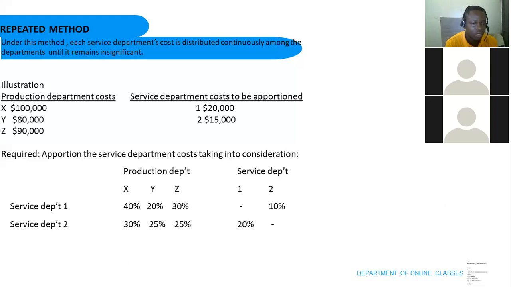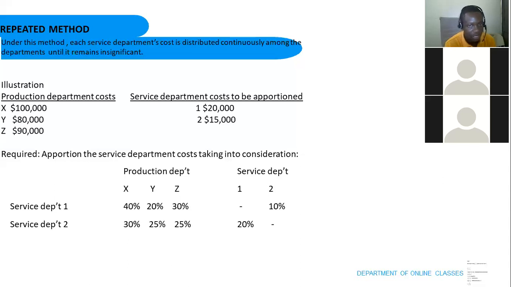Let's assume we have service department 1 and 2. Okay, service department 1 has to do with providing us with food. That's they render us with canteen services. Okay, and we may also have another service department which may have to do with maintenance.